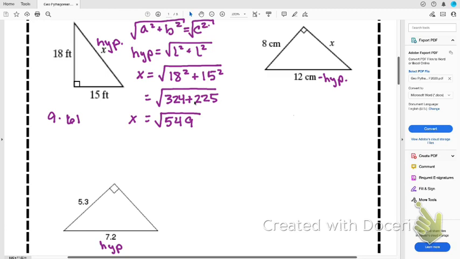How about you? So what's the square root of 9? 3. So it's 3 square root of 61. And what do we need to put at the end? How about feet? Do we need to keep our units? That's the answer.